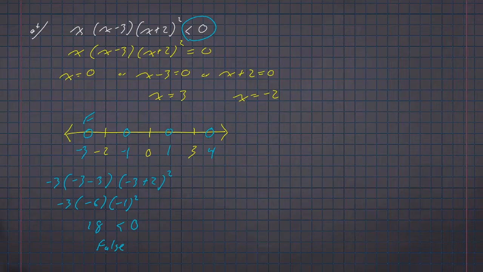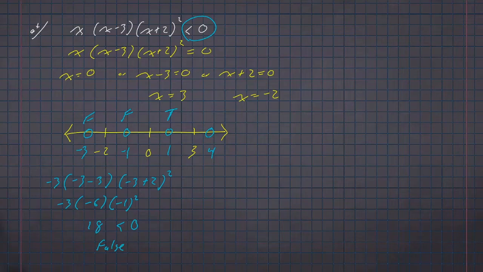All right, so when we plug in x equals negative 1, I end up with positive 4, which is not less than 0. So that's false. When I plug in x equals positive 1, I end up with negative 18, which definitely is less than 0. We get true in that region.